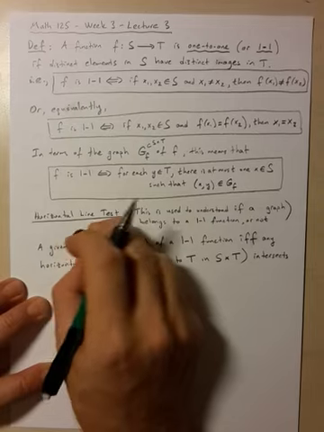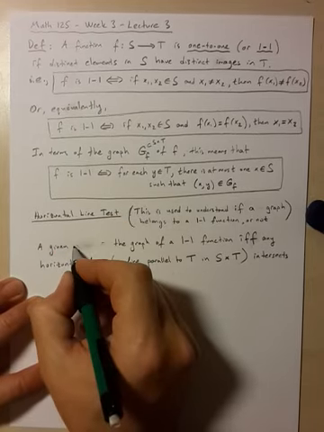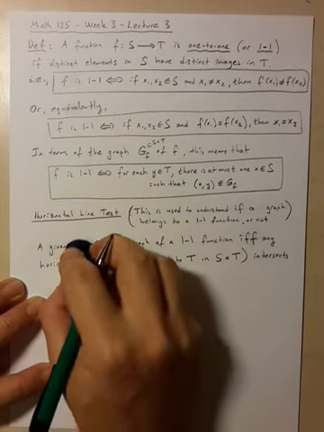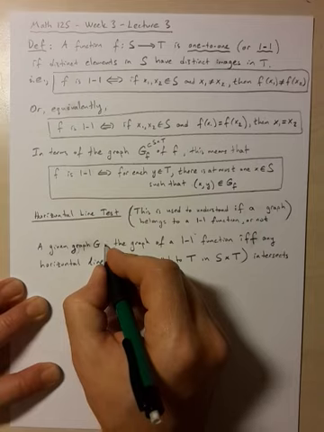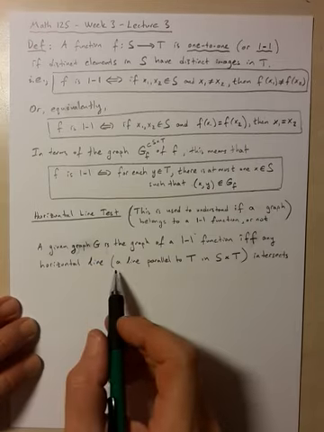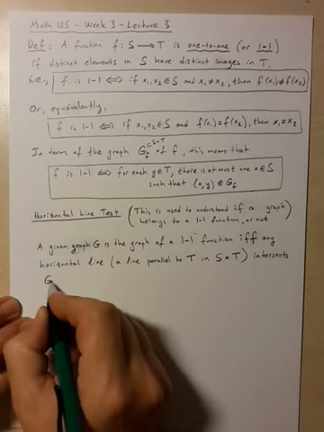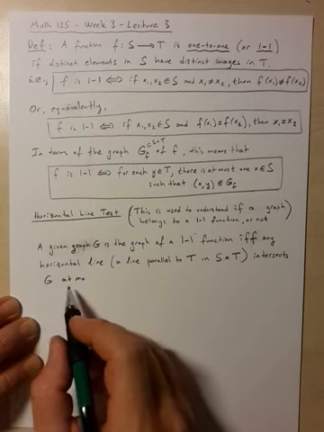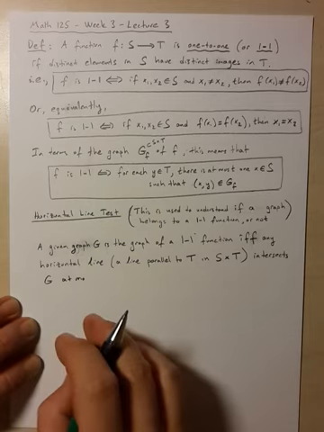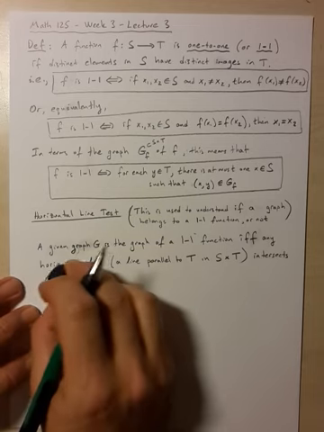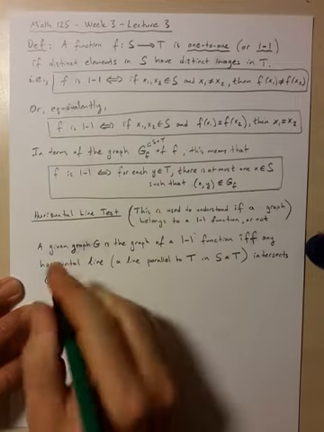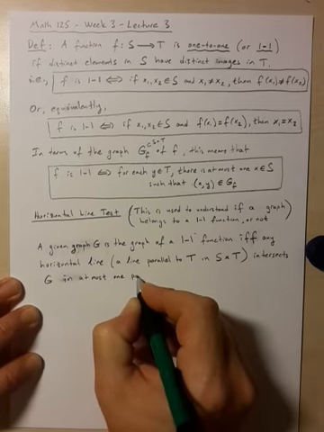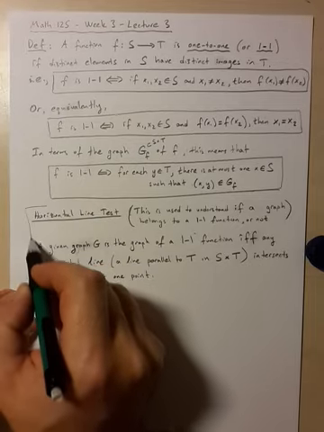Let me call the given graph G. A given graph G is the graph of a one-to-one function if and only if any horizontal line, a line parallel to T in S cross T, intersects G in at most one point. Okay, so this is what we call a horizontal line test.